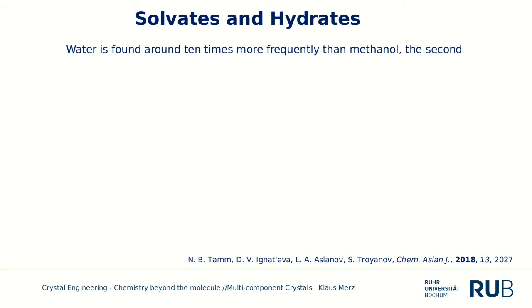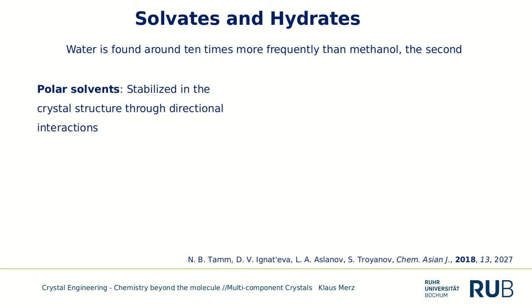Okay. You can use solvents. I've shown you enthalpy driven, so we are talking about intermolecular interactions. Yes, intermolecular interaction, generally interesting in polar solvents. You can stabilize a crystal structure through directional interactions, very nicely.